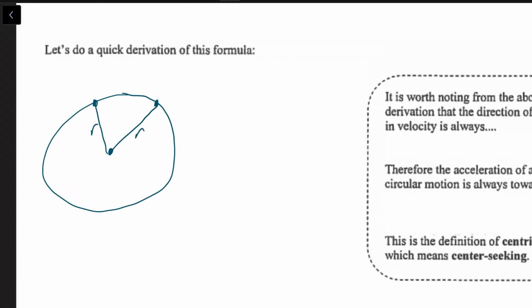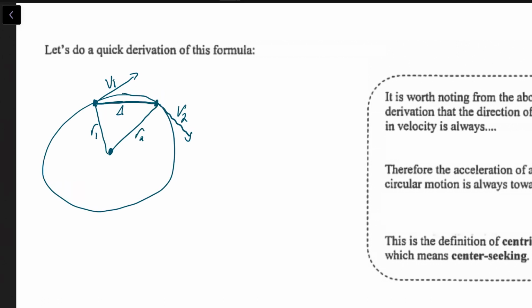However, the velocity at the first position is tangent to the circle at this position, and it's also tangent to the circle at this position here. Now this position here, so R1 and R2, and then we have essentially what is a change in R, change in radius in terms of direction, not necessarily magnitude.